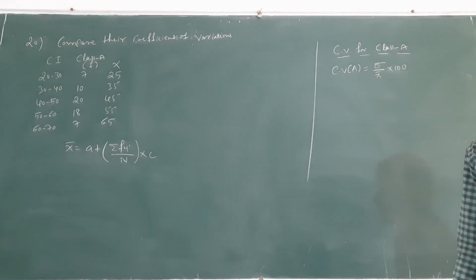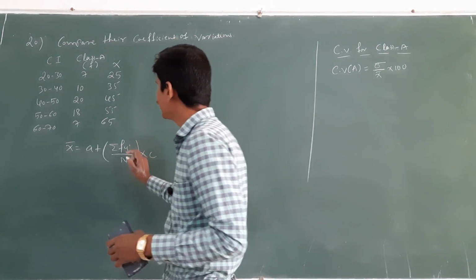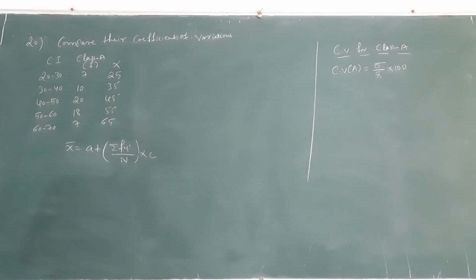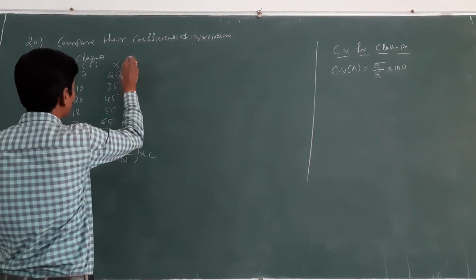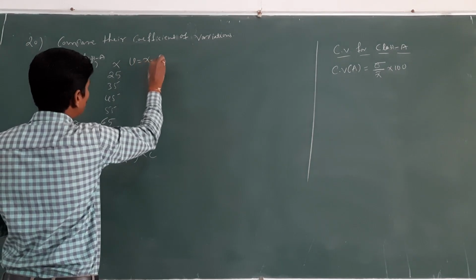Here u is a deviation and C is the width of the class interval. First you have to find the u value. How to calculate u? u equal to x minus a by C.